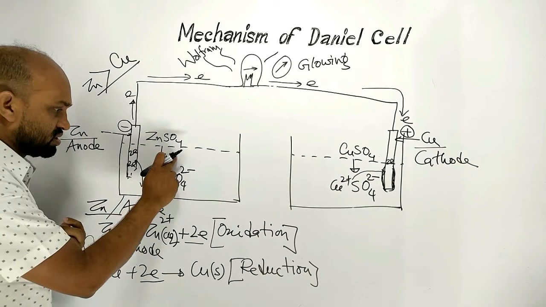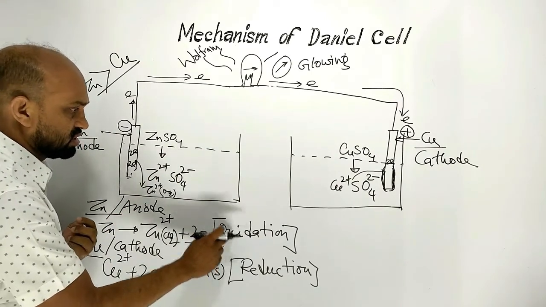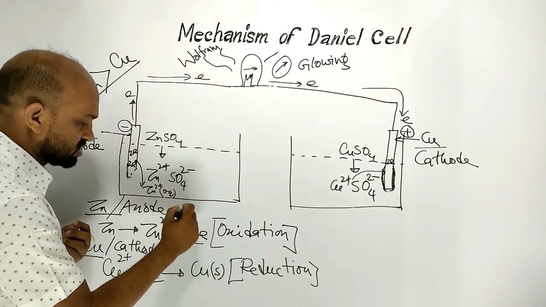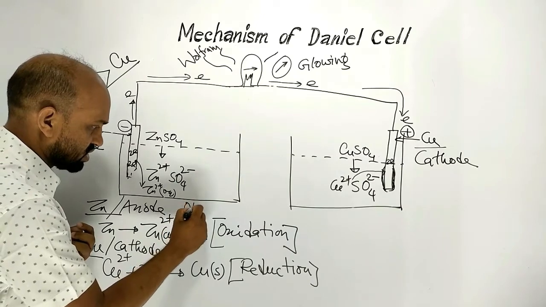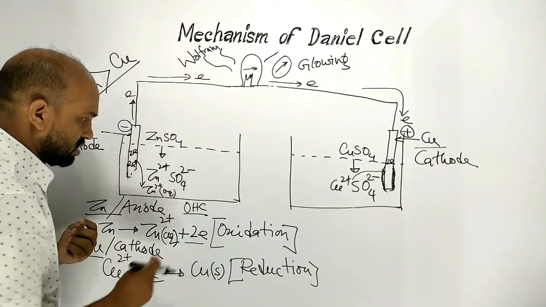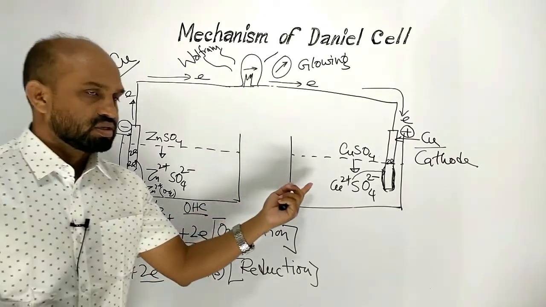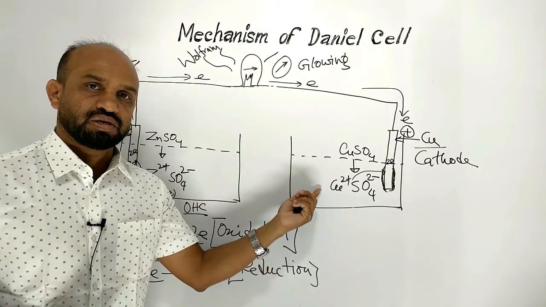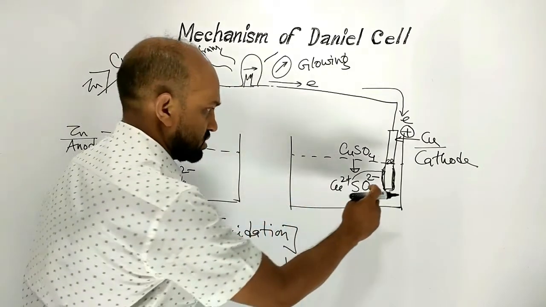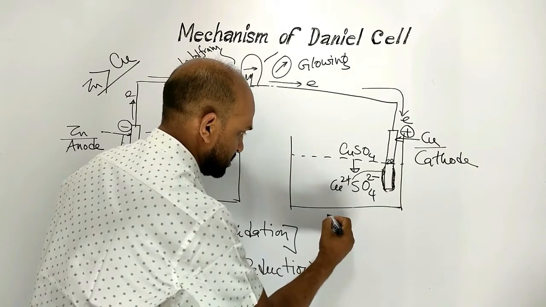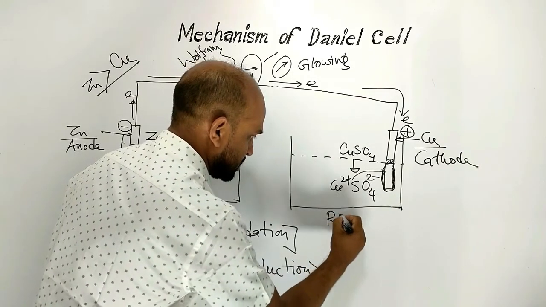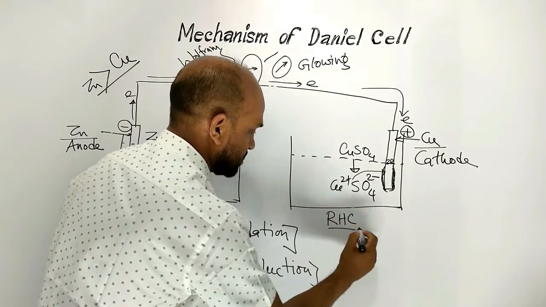In this part, oxidation happens. That is why this part is called oxidation half cell. And in this part of the Daniell cell, reduction happens.